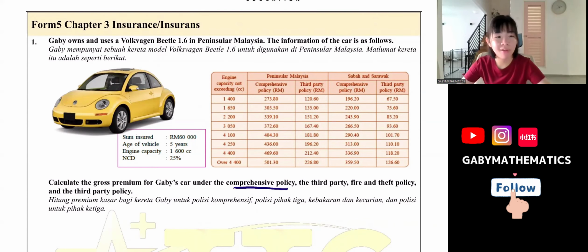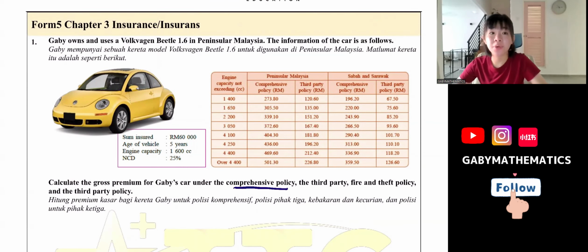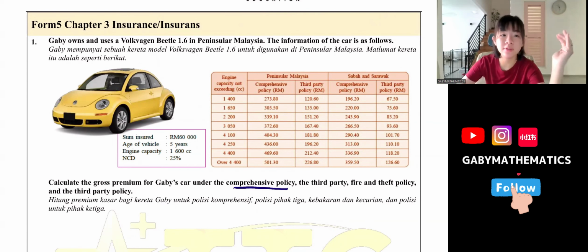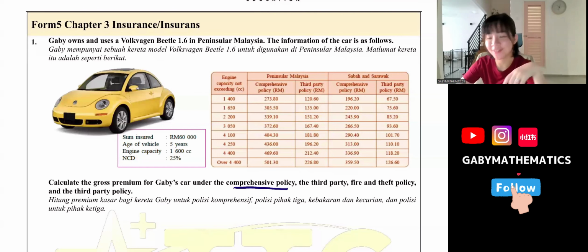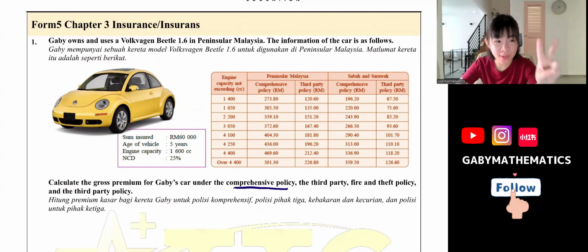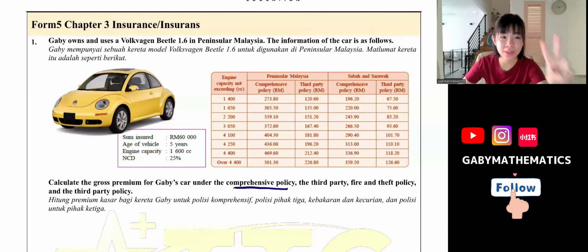Then how about if the car is driven in Sabah, Sarawak? What is the rate per 1,000? You know Sabah, Sarawak, the rate will be cheaper, right? It is 20 ringgit 30 cent.